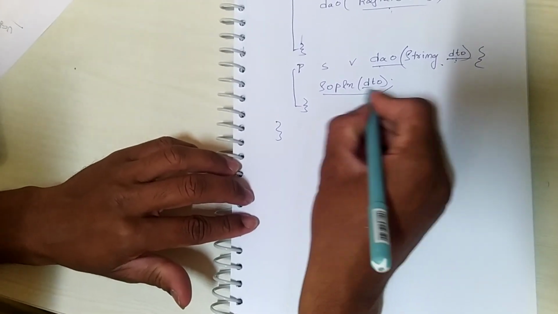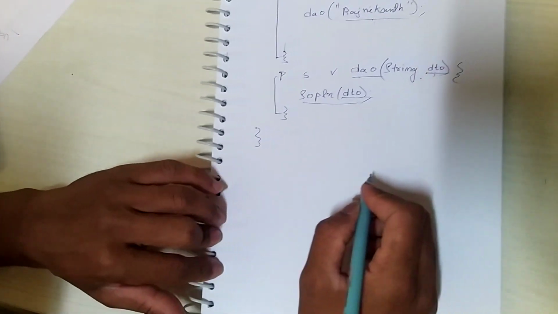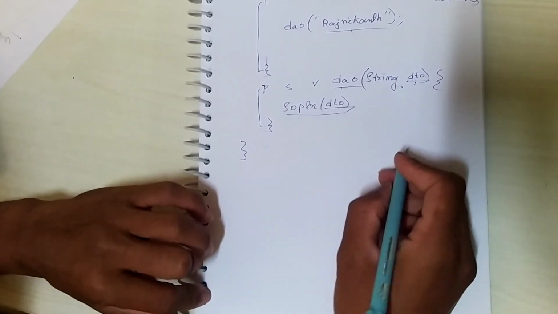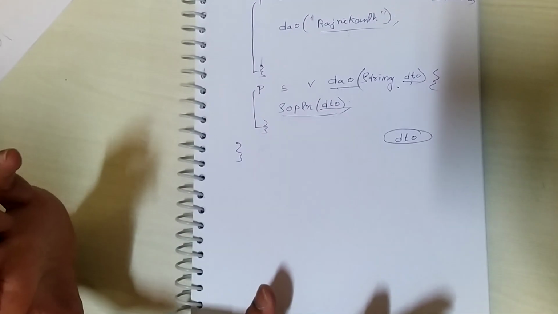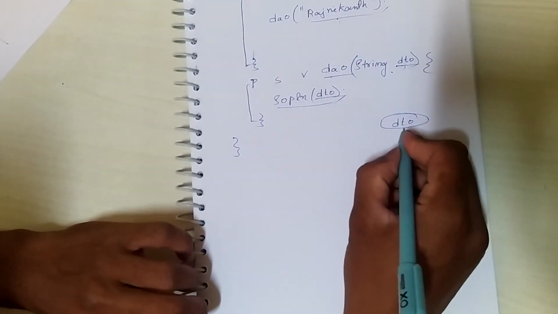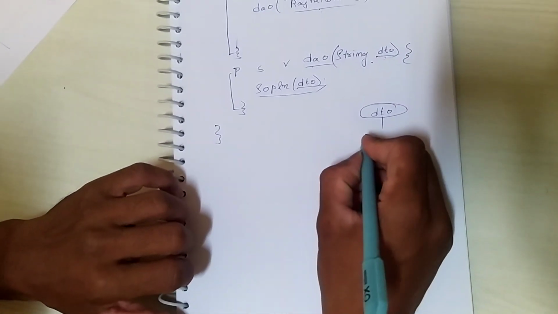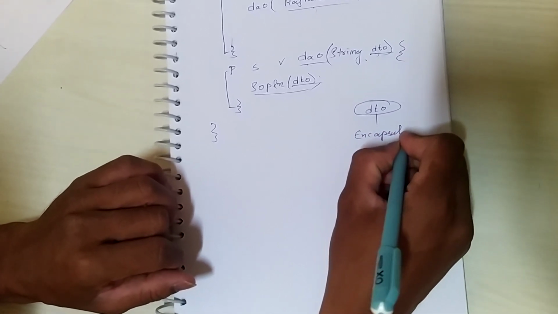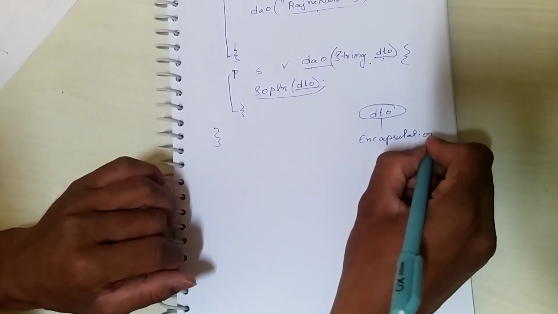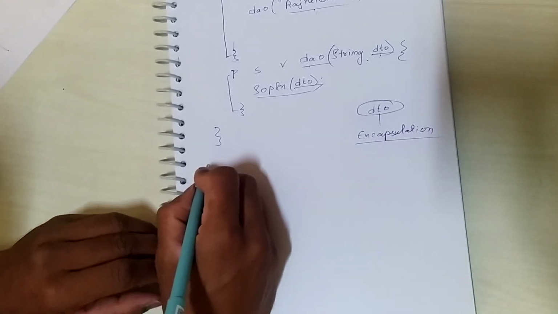In every application, first we have to design the DTO layer. How to design the DTO layer? We will design it with the help of one principle, encapsulation.